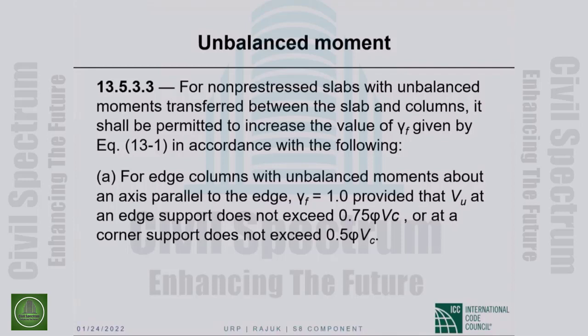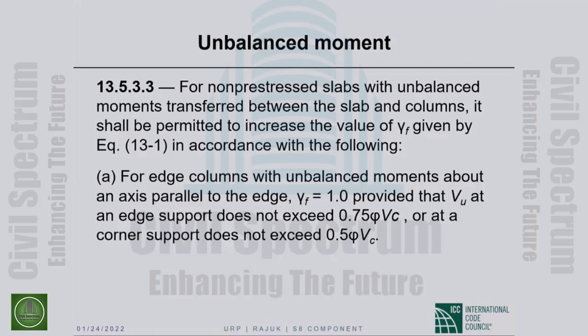For edge columns with unbalanced moments about an axis parallel to the edge, this is fancy language, but this is bending moment perpendicular to the edge, the bending moment in the direction of analysis, the moment that interests us, gamma sub F, which would normally be 0.6, can be taken as 1.0. Entire thing transferred by flexure, nothing by shear.